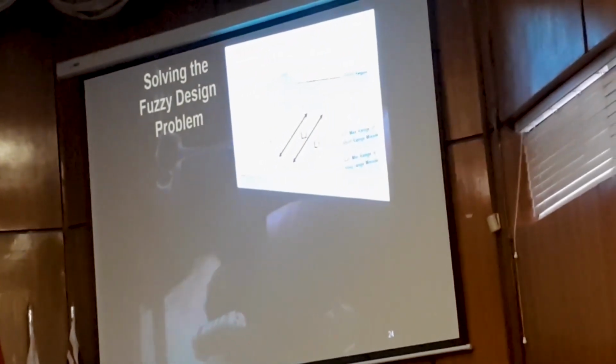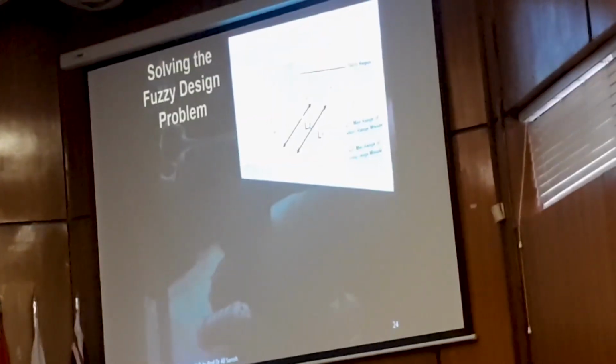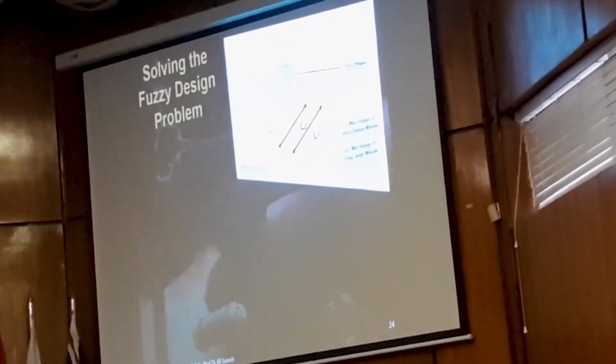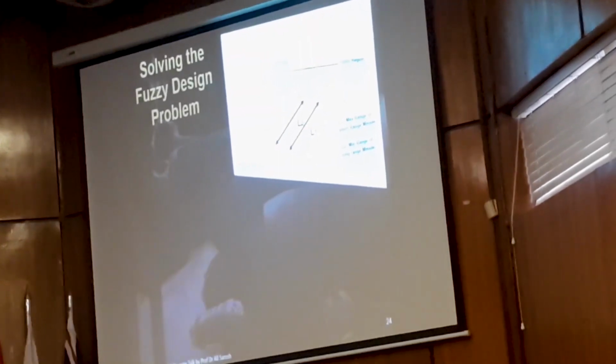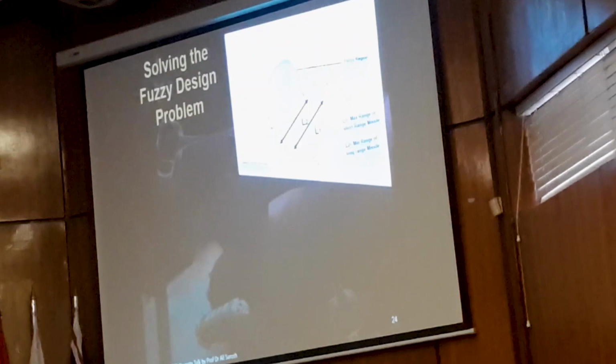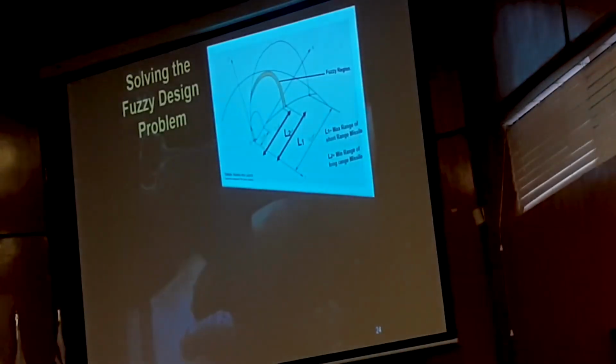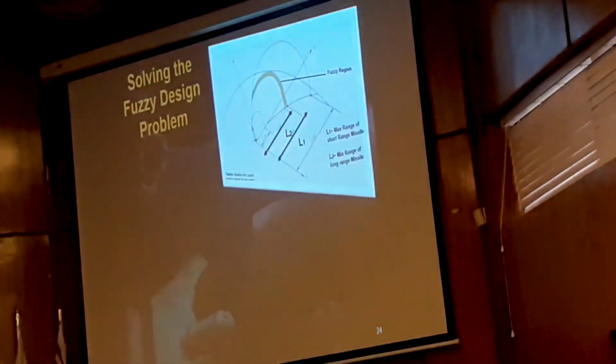For example, the shortest range of a long-range missile overlaps with the longest range of the short-range missile. So there's an overlap region. There are many such parameters where the tactical systems actually overlap, for example, the length of the warhead versus the length of the nose versus the size of the parameter.